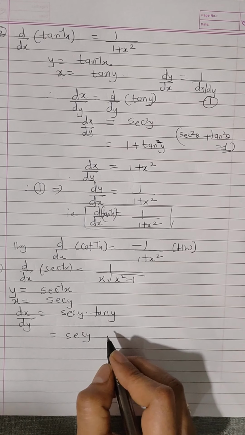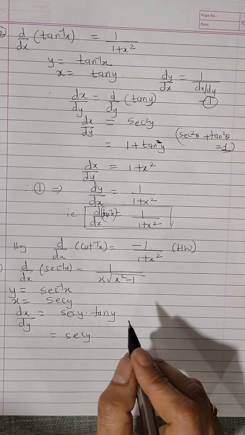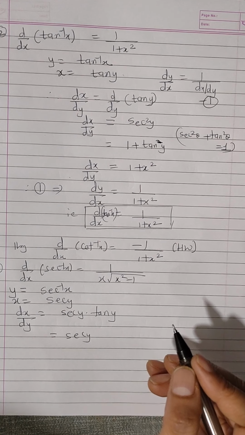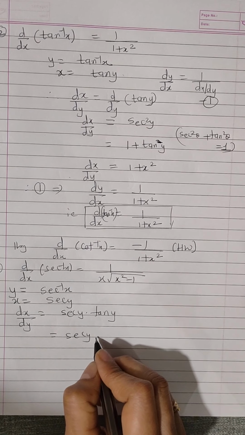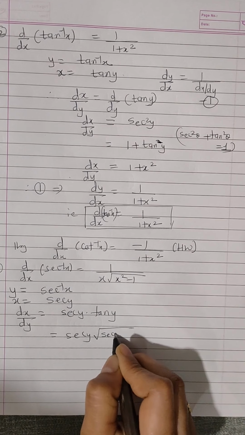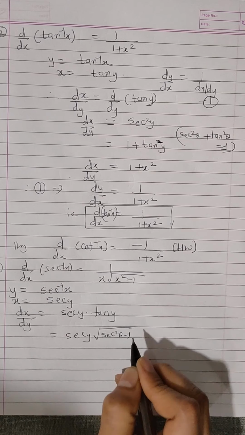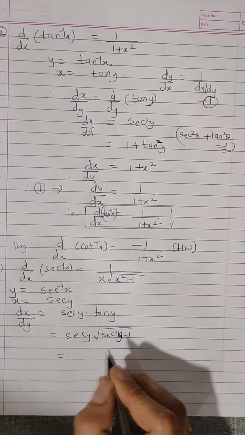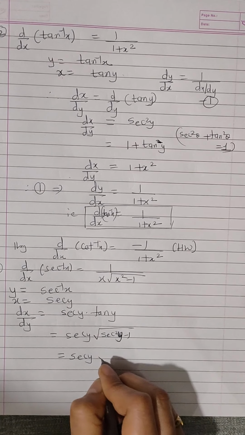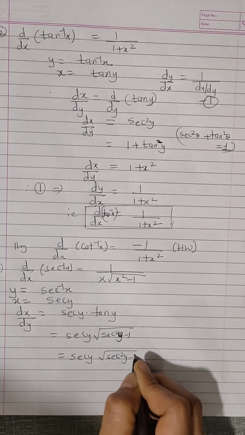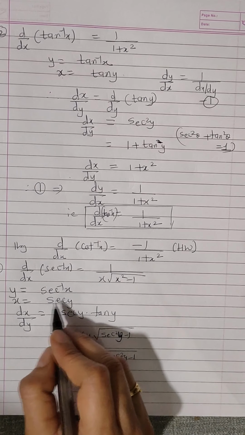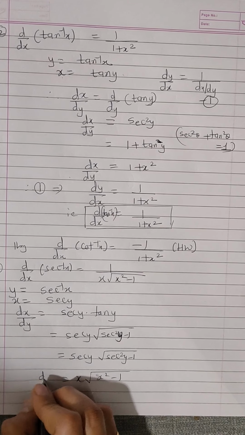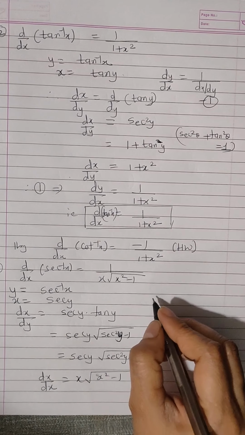We know that tan square theta means sec square theta minus 1. Actually we have y, not theta, so we will take it as y. So tan y is under root sec square y minus 1. What is sec y, students? It is x. And sec square y is x square. So this is x under root x square minus 1, which is dx by dy.